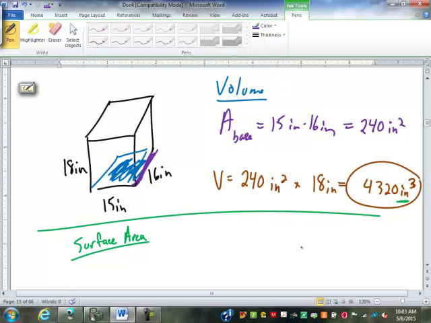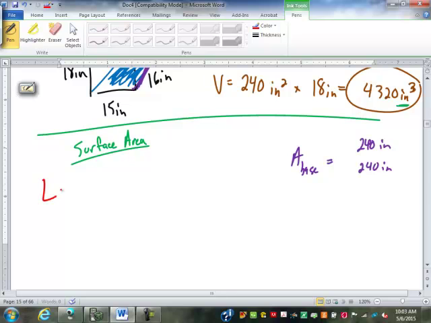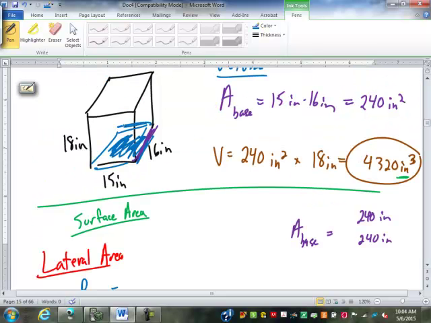So for our surface area, once again, we still have to include the area of the base here, which is going to be the 240. And there are still two of them, top and bottom. Lateral area. We need to know the perimeter of the base. Well, that's going to be 15 plus 16 plus 15 plus 16, right?